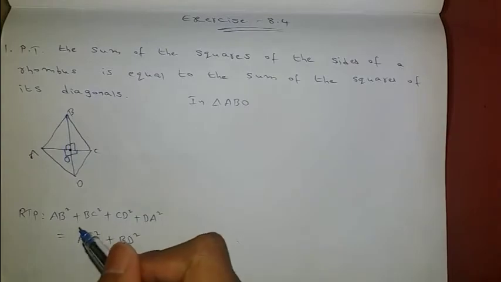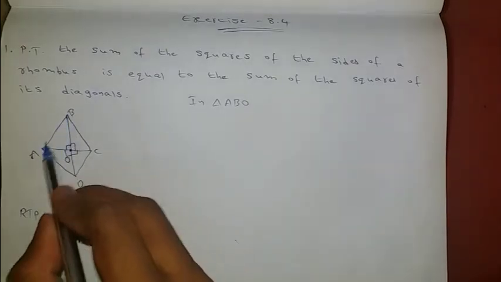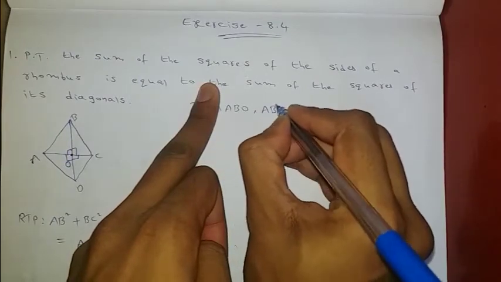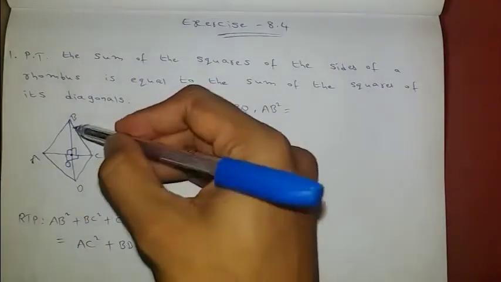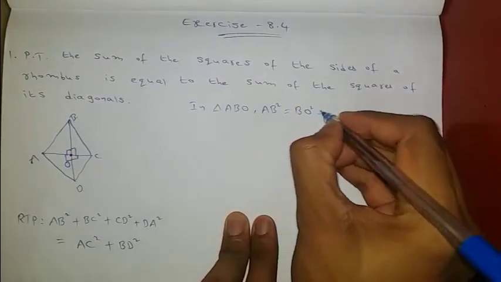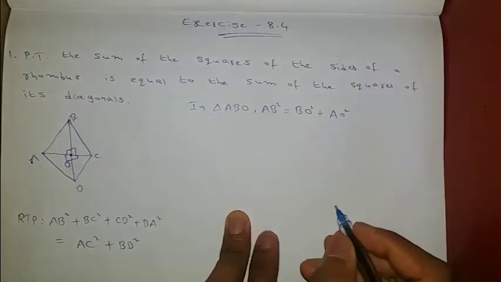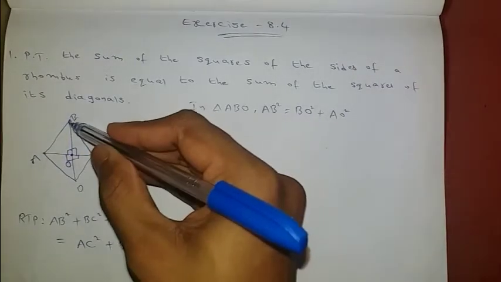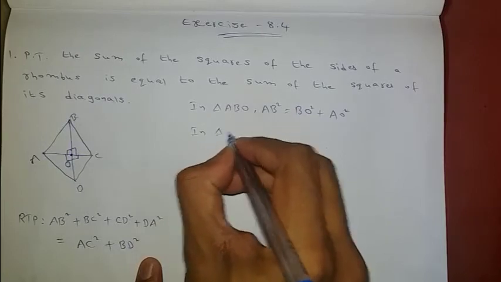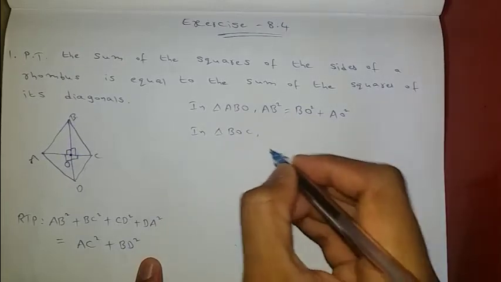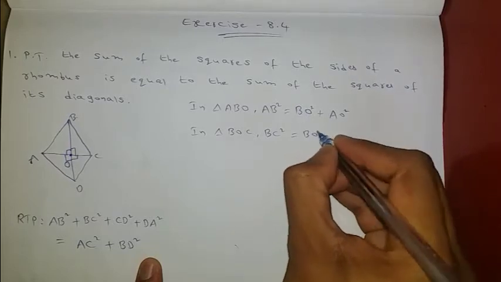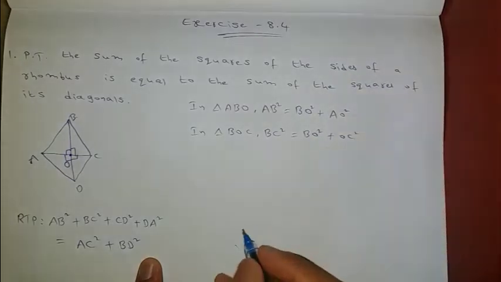So if we apply Pythagoras theorem for that, hypotenuse square, AB square is equal to BO square plus AO square. The same way, the right side triangle BOC, I am taking. In triangle BOC, BC square is equal to BO square plus OC square.